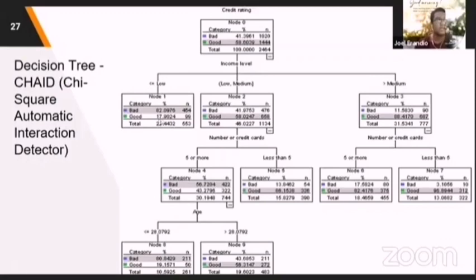Okay? While the category bad becomes larger. Okay? And the other way around, if it is medium or above medium, so the relationship is from 58, it goes up to 88. So that is what we call percent change from 58 up to 88%. Okay, so simple illustration of decision trees.